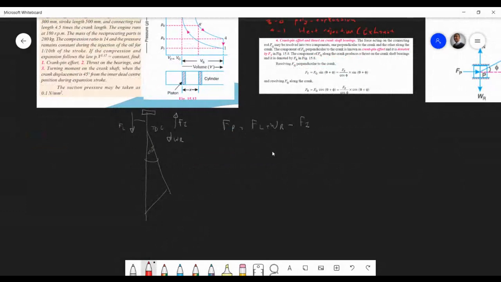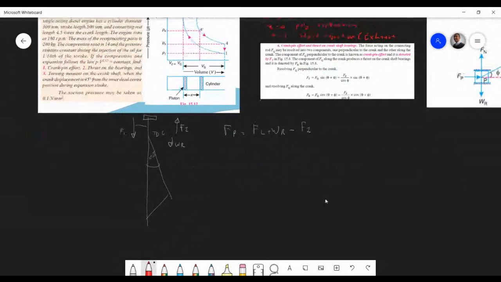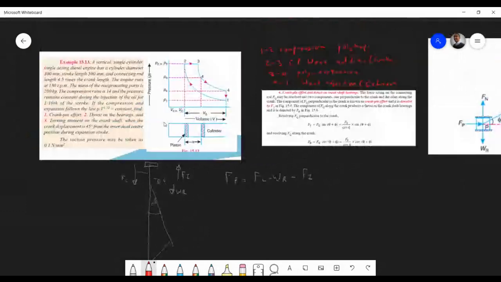So all we're basically looking for, guys, if you think about it, is this. The only problem with this question, which I'm kind of annoyed about, is that they say it's 1/10 of the stroke. They're being a bit unnecessary in terms of where it's positioned.